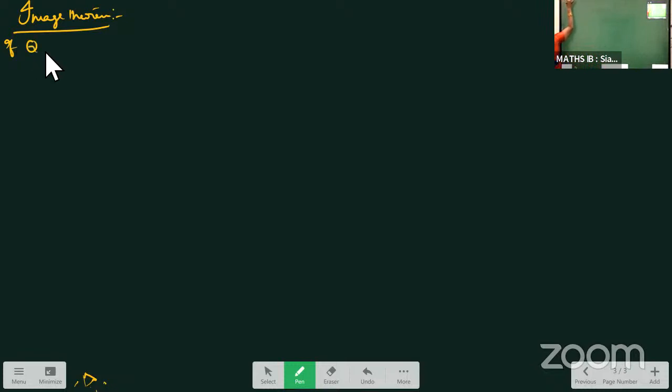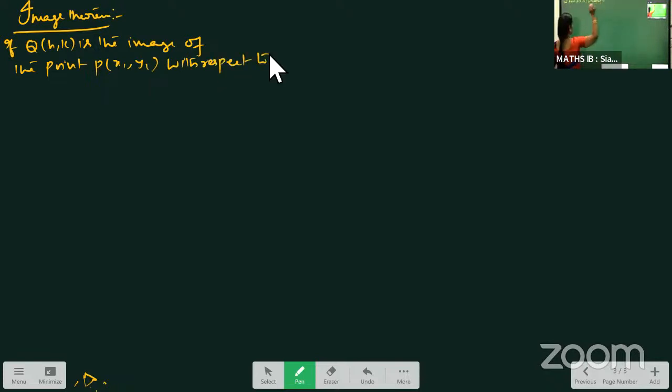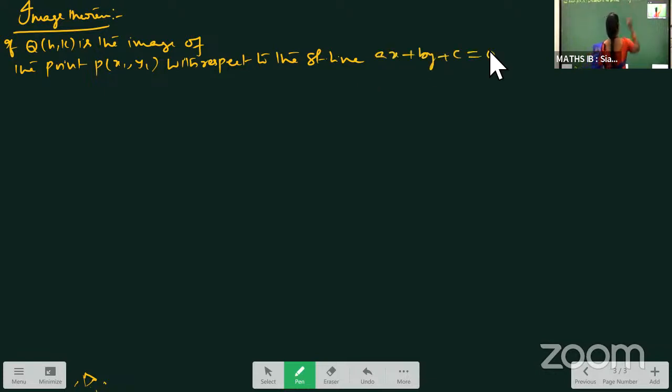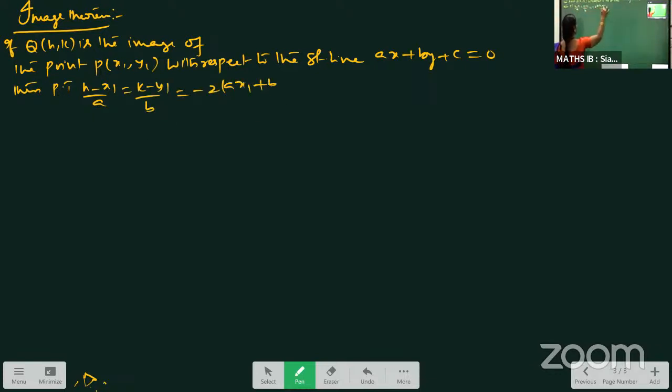If Q (h, k) is the image of the point P (x1, y1) with respect to the straight line ax plus by plus c is equal to 0, then prove that (h minus x1) by a is equal to (k minus y1) by b is equal to minus 2 into (a x1 plus b y1 plus c) by (a square plus b square).